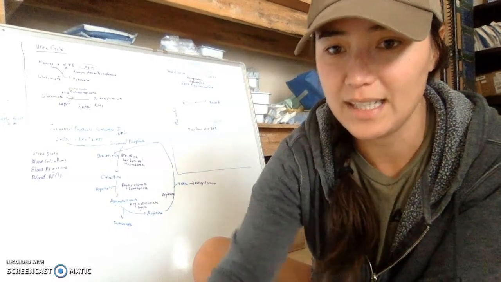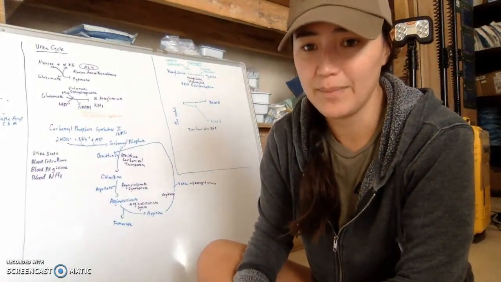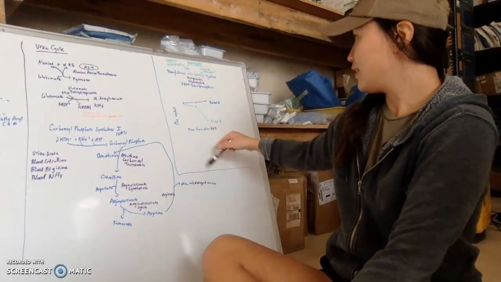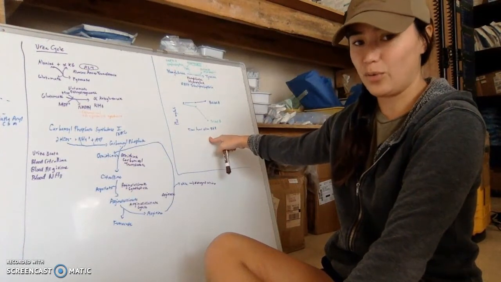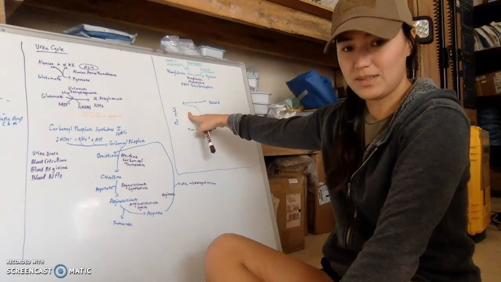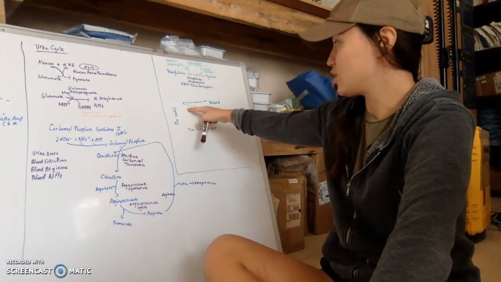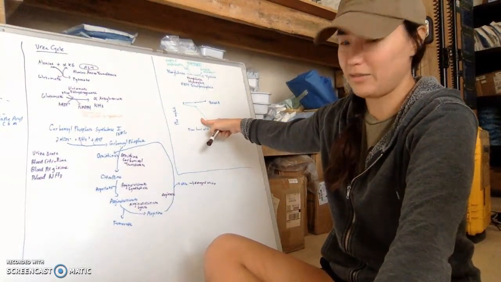So BH4, as I said, is the required cofactor for metabolism of phenylalanine to tyrosine. They're both given BH4, and if a patient had a deficiency in BH4, then when we give them BH4, their phenylalanine levels should decrease because they're given the cofactor required for the breakdown of phenylalanine.